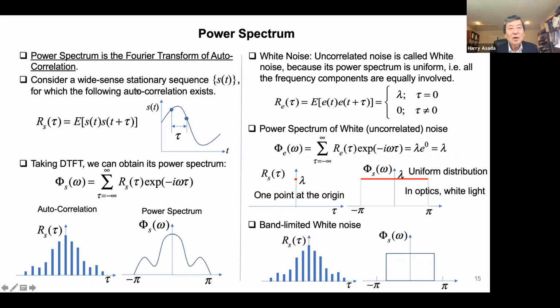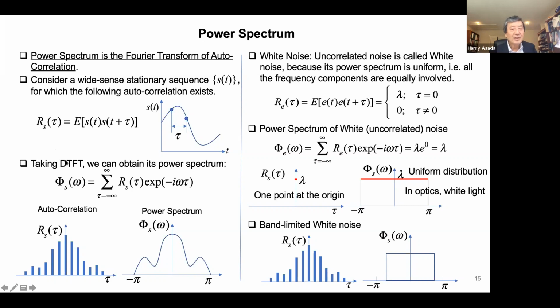So first, in order to define the autocorrelation, we have to think about the wide sense stationary sequence, s(t), for which the following autocorrelation exists. This is a function of only tau, the time difference between the two. So how much these two are correlated, that's represented by this.